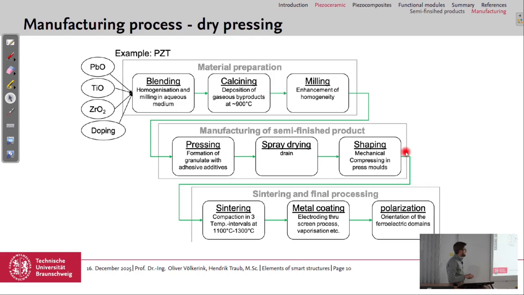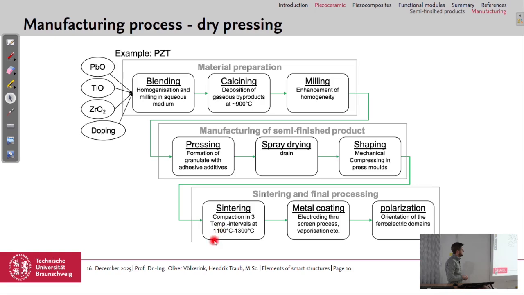And this green body then goes into a sintering process where you grow the grains, so the grains get larger. You don't have really structural integrity in this green body. It's just a compressed powder, and with the sintering process you increase the mechanical performance.